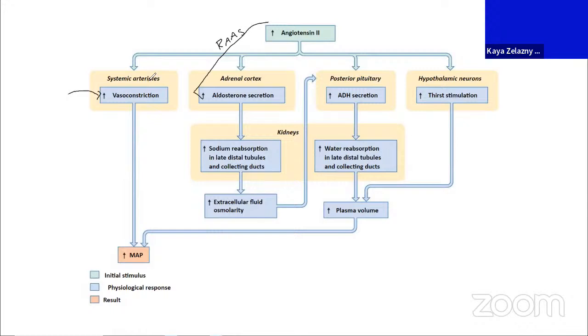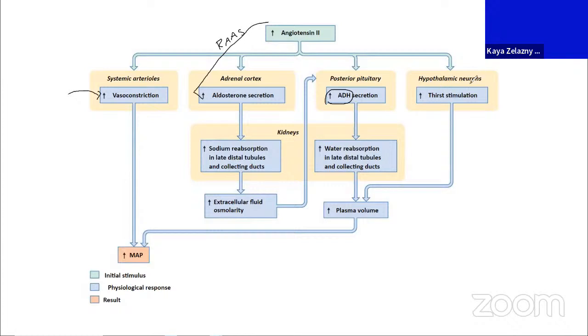So angiotensin 2 tells us to make aldosterone. It tells us to do vasoconstriction. It also tells us to produce ADH from the posterior pituitary, another kind of signal for ADH production beyond just those osmoreceptors, so it's going to affect our water reabsorption.